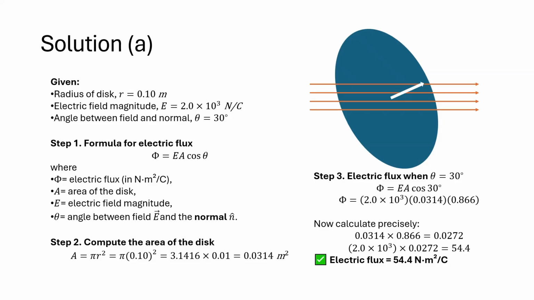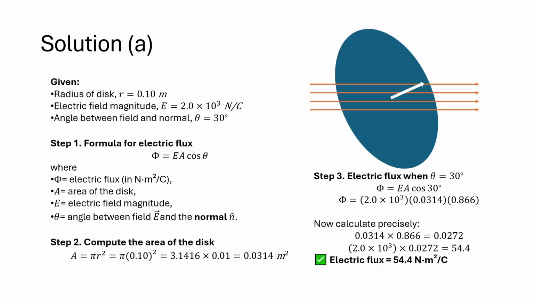Now, the area that we just recently computed is 0.0314 square meter, and cosine 30 degrees is equal to 0.866. You can get the 0.866 from your calculator. So, multiplying these three values, we get 54.4 Newton square meter per coulomb.